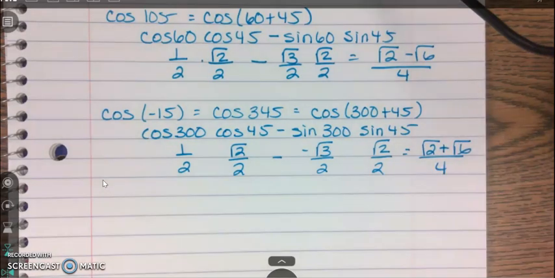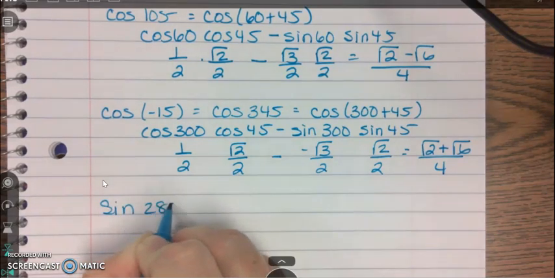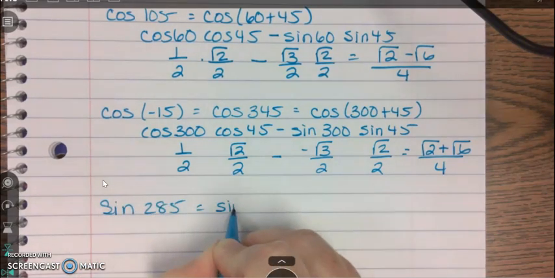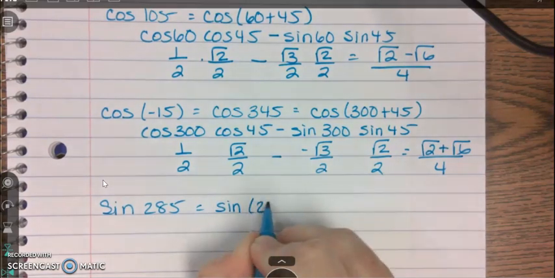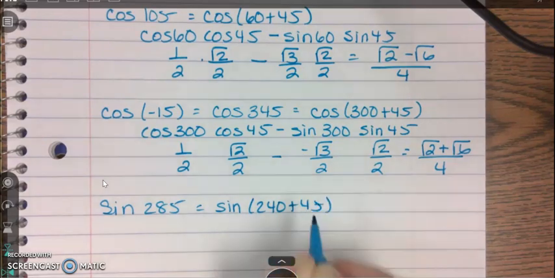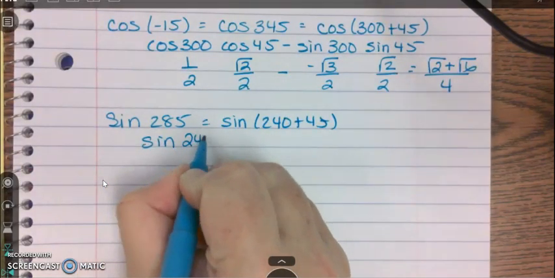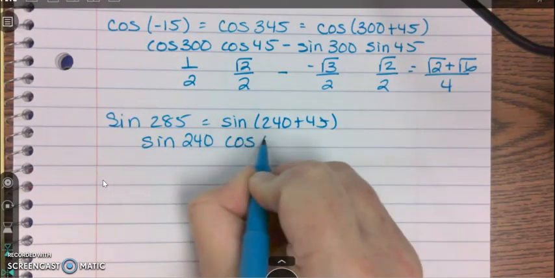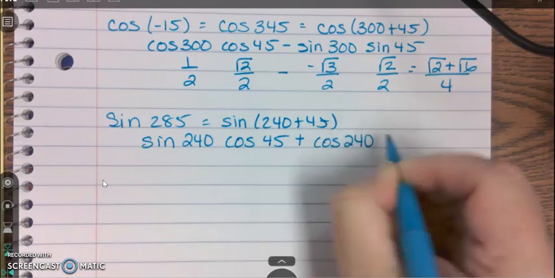And last but not least, sine of 285. And I believe that would be what, 240 and 45. So sine, cosine, cosine, sine.